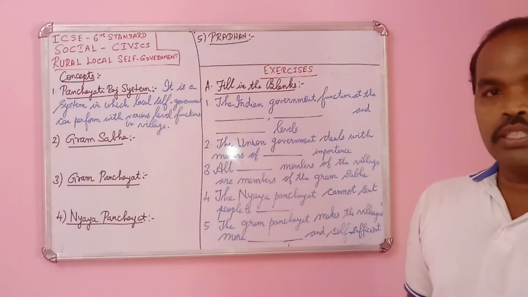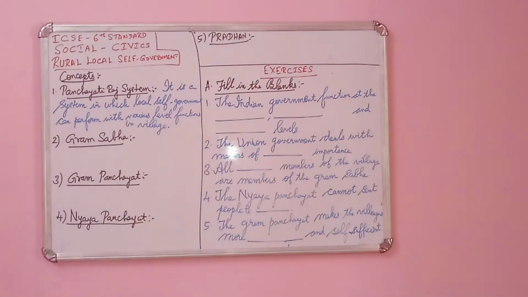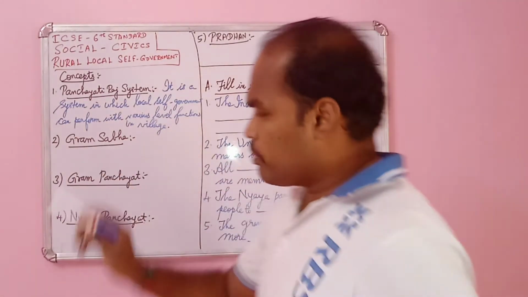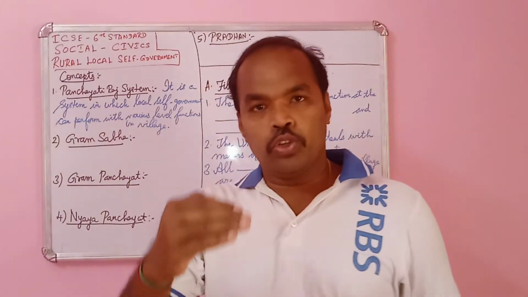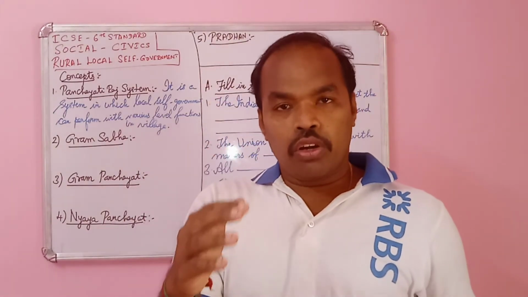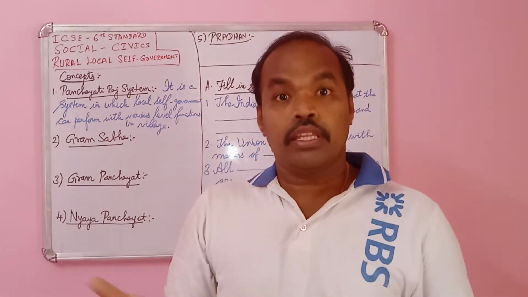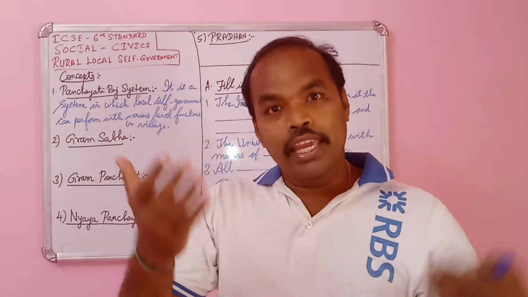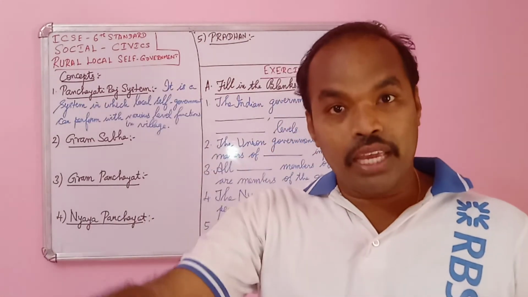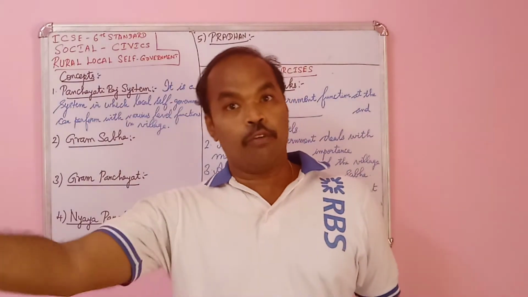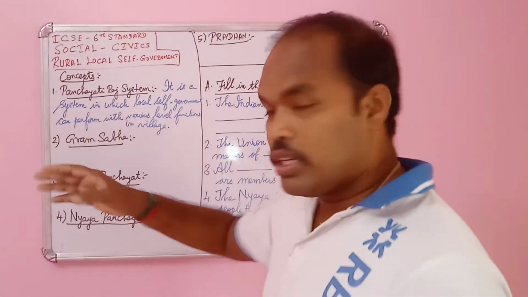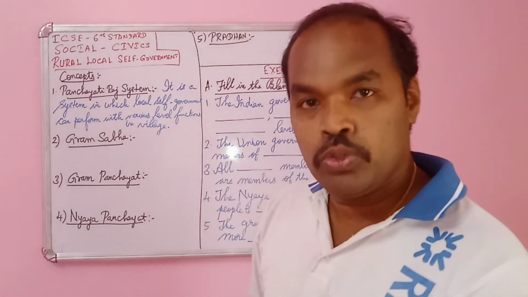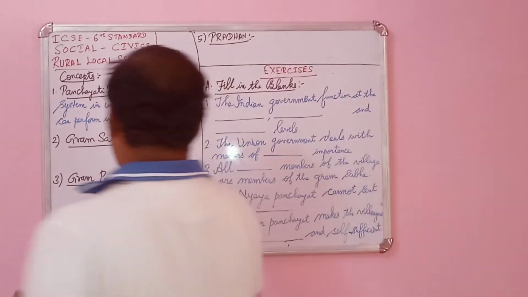Grama Sabha means, mainly, we can develop what things we need to speak about. The adult members can approach the panchayat president, vice president and ward members. That's what we set the meetings for in the Grama Sabha.